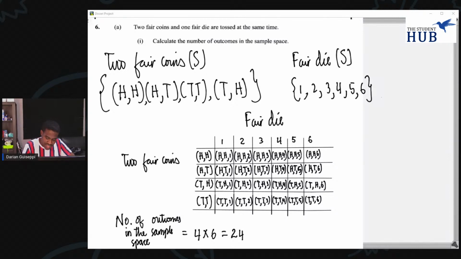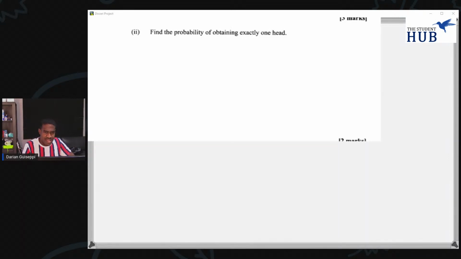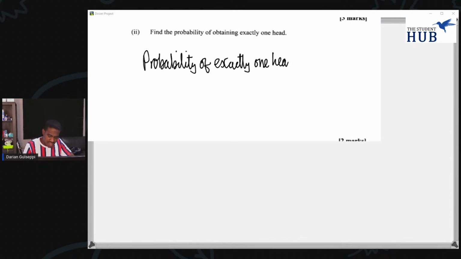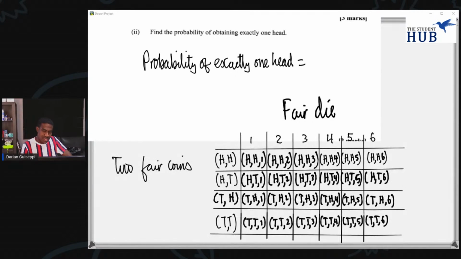So let's look at the next part now. Then they're asking, find the probability of obtaining exactly 1 head. What I would like to do is use the table that we got from the previous question, or that I would have created from the previous question.